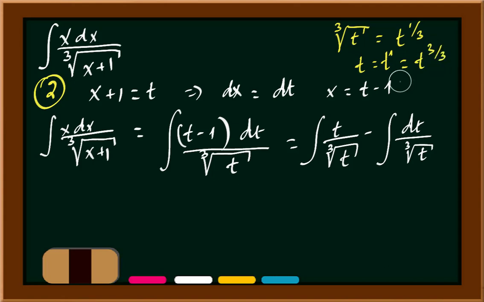So knowing what we know, we can come back to the integral and say we have the integral of t to the power of 3/3 times t to the power of minus 1/3 when it goes to the numerator, dt.